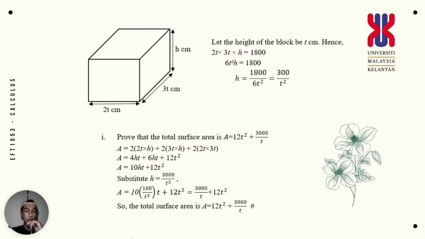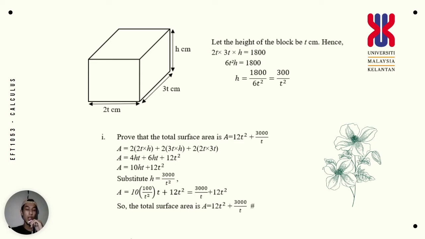So we get 4ht plus 6ht plus 12t². We need to substitute h, which is 300 divided by t². So for the area we get A equal to 10t times 300 divided by t² plus 12t², which is 3000 divided by t plus 12t².